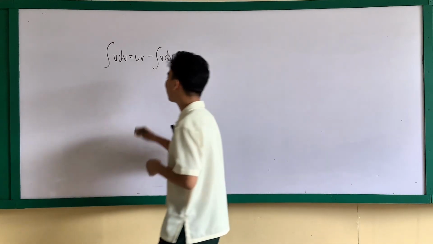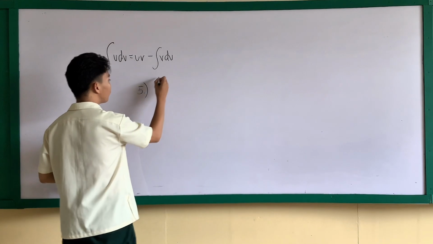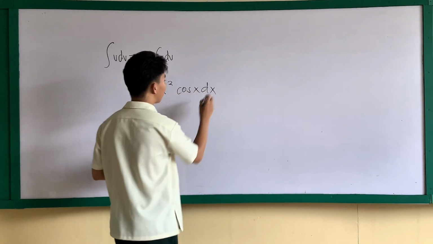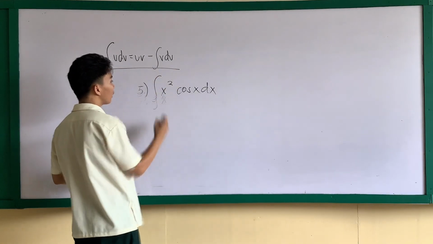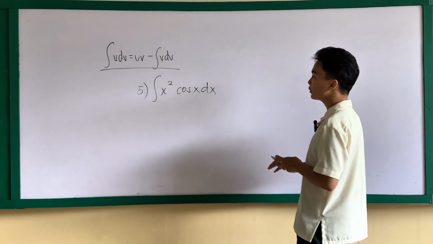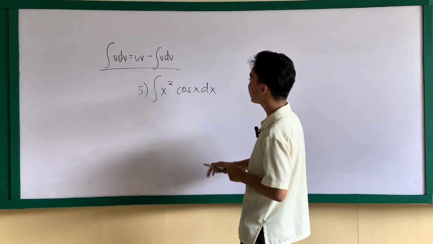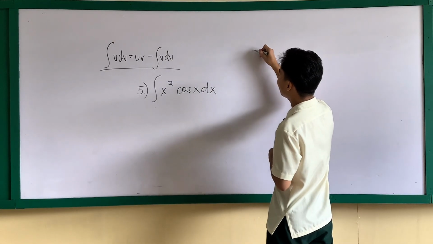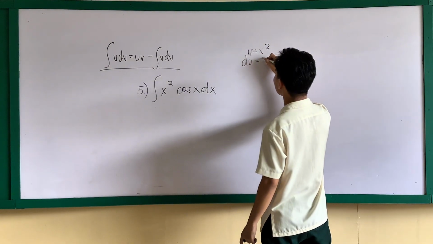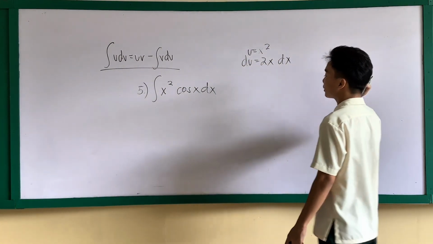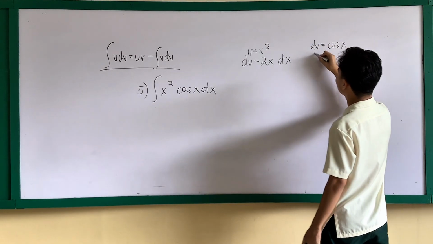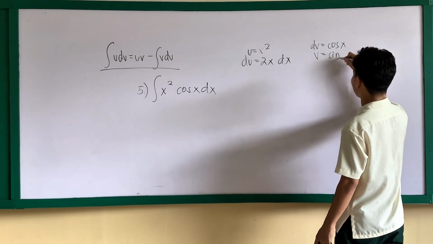So now let's proceed to our last problem, the integral of x squared cosine x dx. So now we're using our formula. We need to find first which term is simpler to differentiate. So we're going to let u equal to x squared, then du is 2x dx. Then we're going to let dv equal to cosine x dx, then v is sine x.